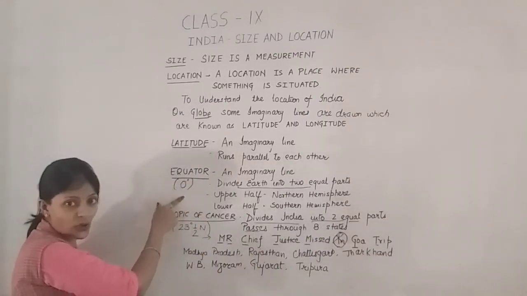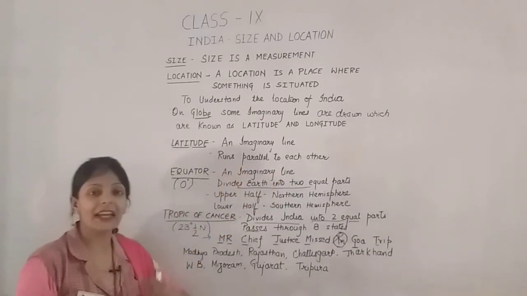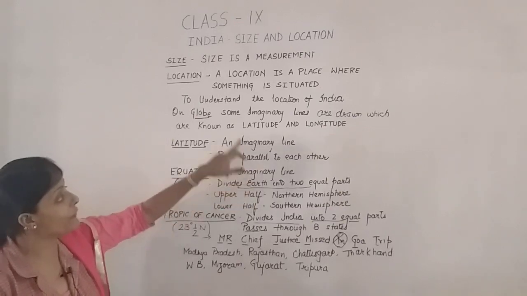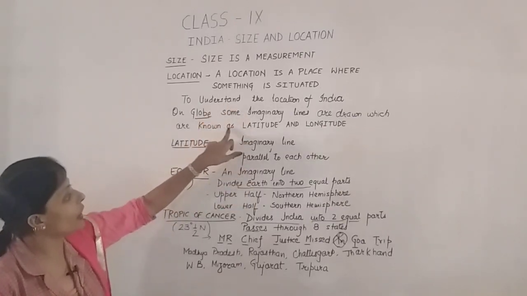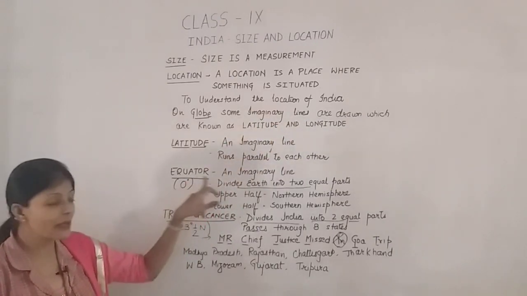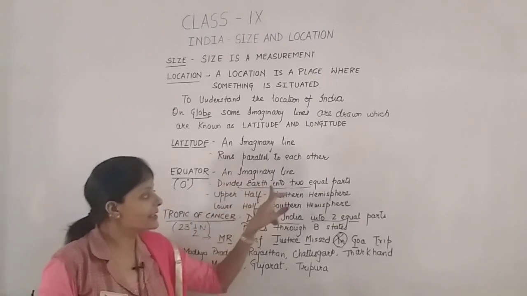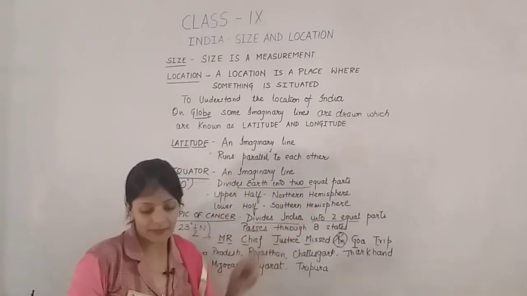Equator is at 0 degree. It is an imaginary line. Why is equator an imaginary line? Because we have already discussed that all the latitudes and longitudes are imaginary lines. So, here equator is also an imaginary line. It divides earth into two equal parts.